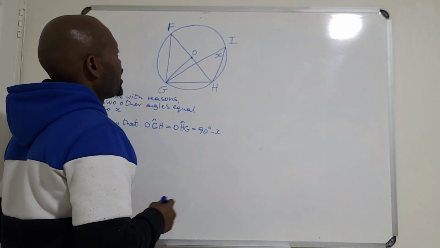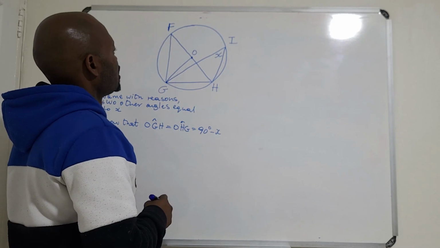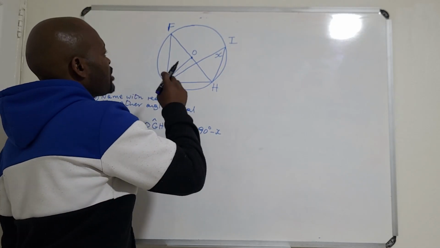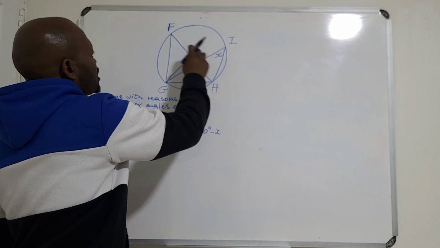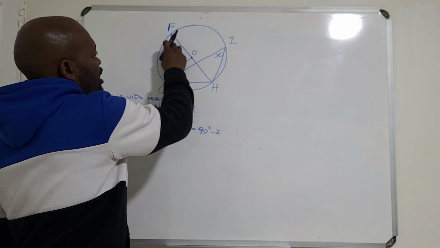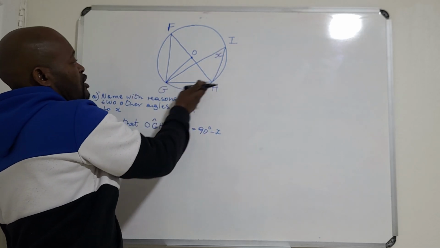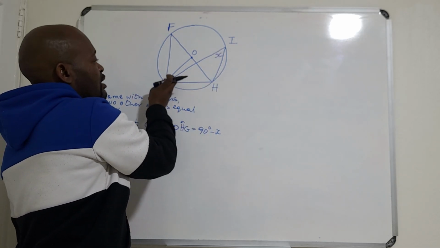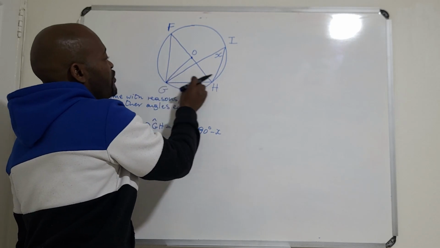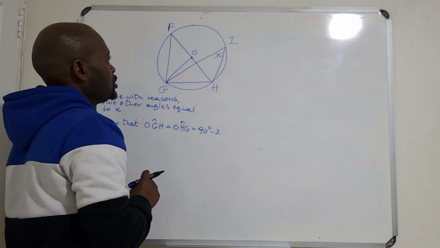The first angle that is equal to x, I know we are dealing with theorem number 4, therefore angles at the same segment. Therefore this angle is equal to that angle, since they are subtended by the same arc or by the same chord.